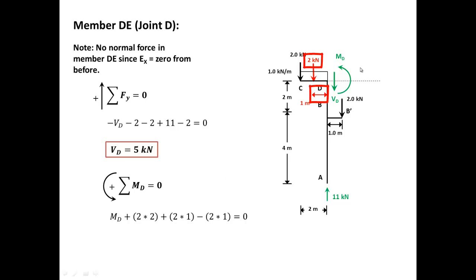Again, the rotation is counterclockwise, so it's positive. Then I'll have this 2 times this 1. So it's 2 times 1, and it's negative because it's clockwise. The whole thing should equal to 0. Simply, if I solve for MD, I'll have a negative 4 kilonewton meters. So the moment at this end is negative 4 kilonewton meters.